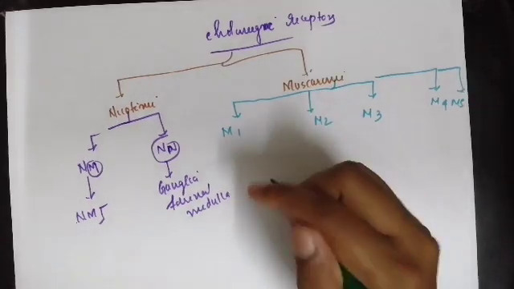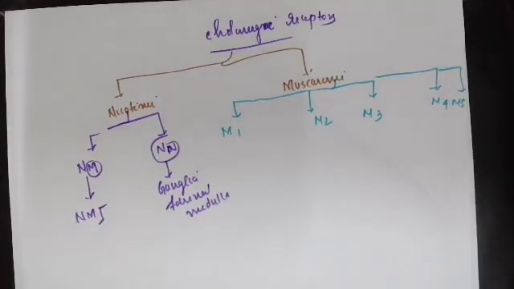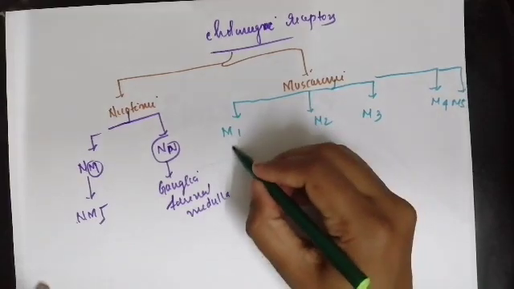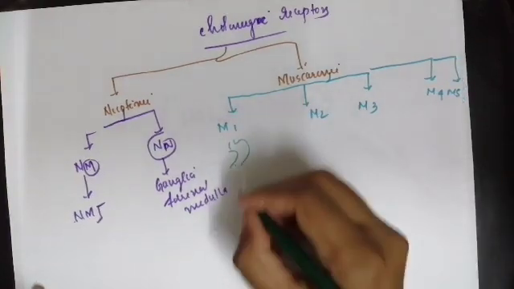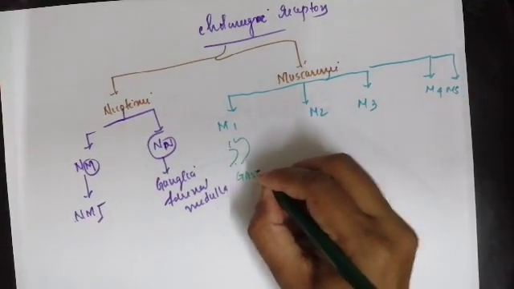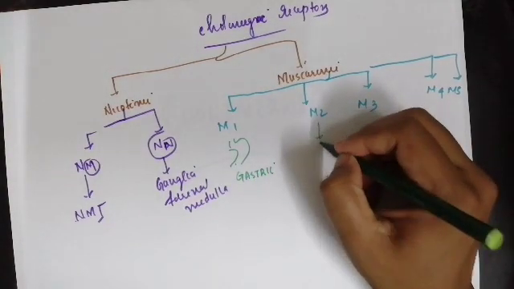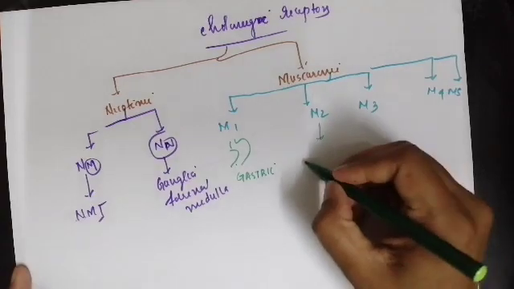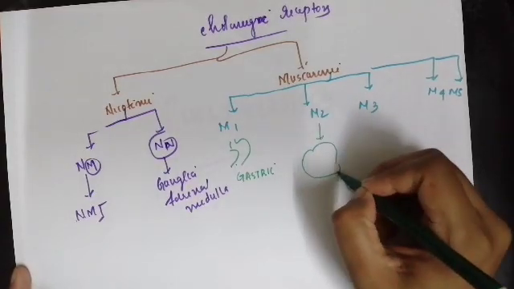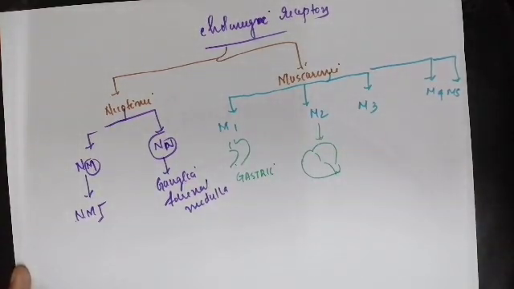The main region where it is present is the gastric region. If you see M2, this is mainly present in the heart. So the heart is the region where the M2 type of receptor is present.